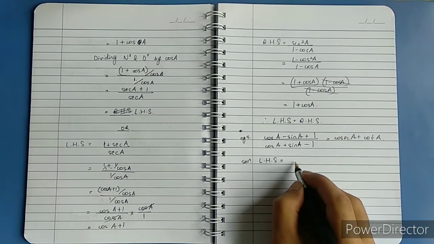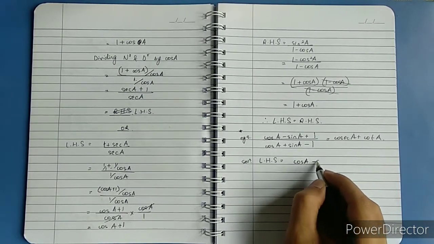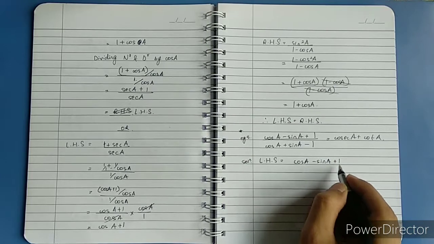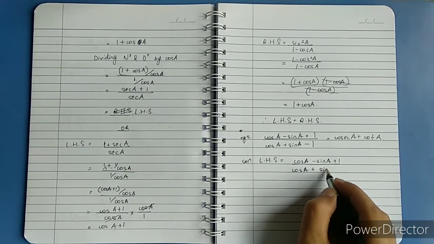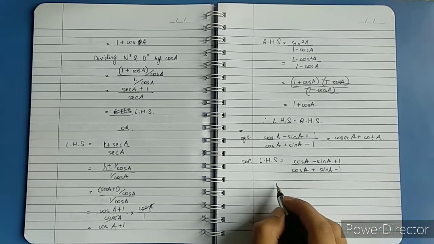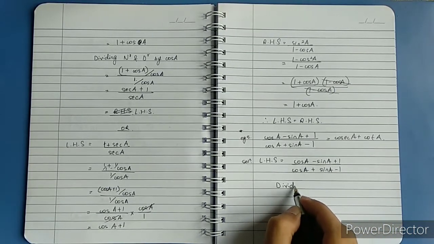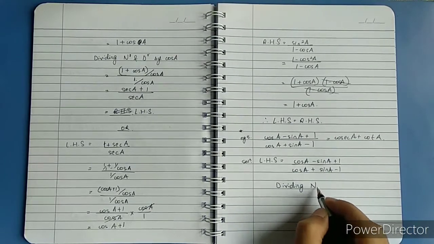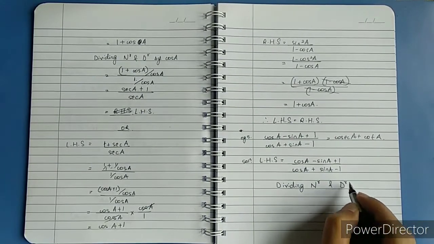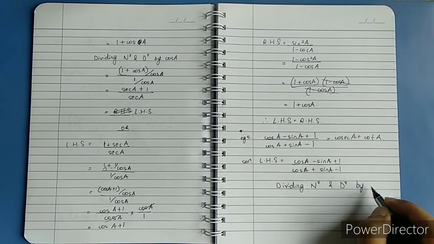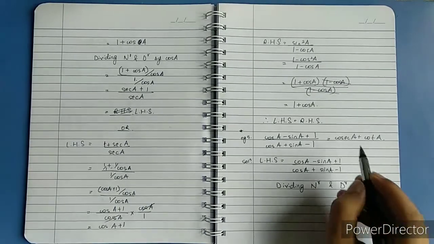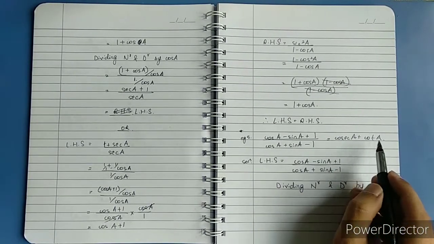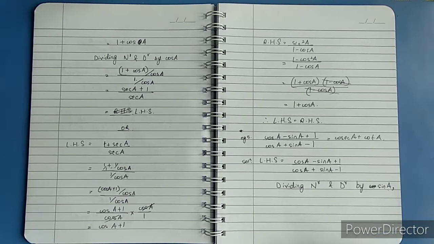So on taking the left hand side, cos A minus sin A plus 1 by cos A plus sin A minus 1, dividing numerator and denominator by sin A. We have chosen sin A because in order to get cosec and cot, we need to divide by sin.